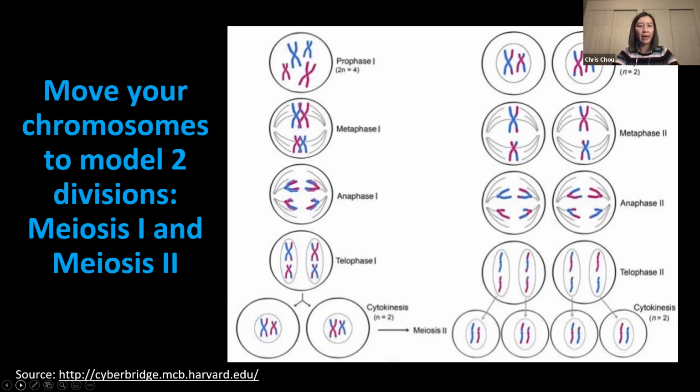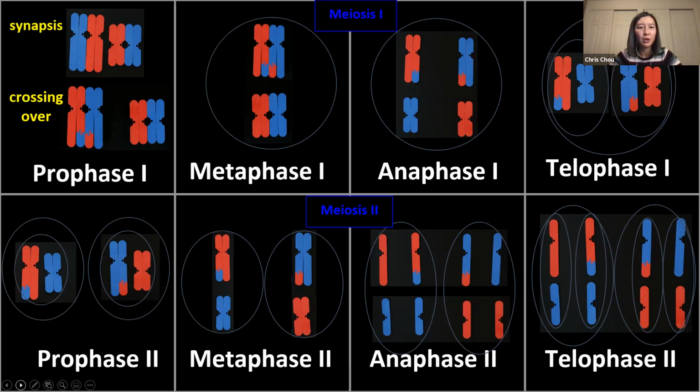All right, so let's take a look at having you model that. This is the graphic again, and the next slide will show moving your 2 pairs of chromosomes to do synapsis and crossing over. In this picture, it's only showing 1 pair of chromosomes crossing over, just to make it simpler.